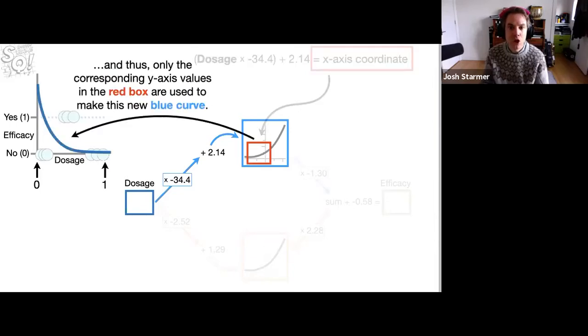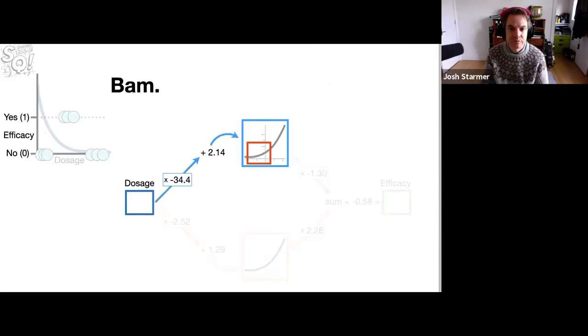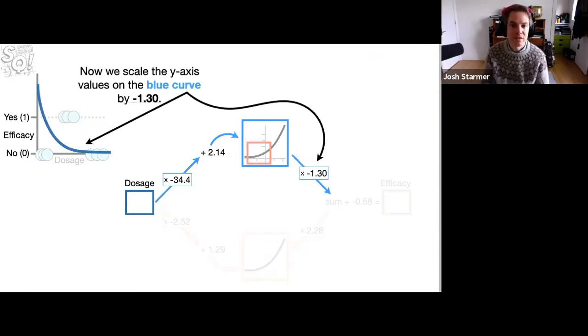And thus, only the corresponding y-axis values in the red box are used to make this new blue curve. Bam! Now we scale the y-axis values on the blue curve by negative 1.3.